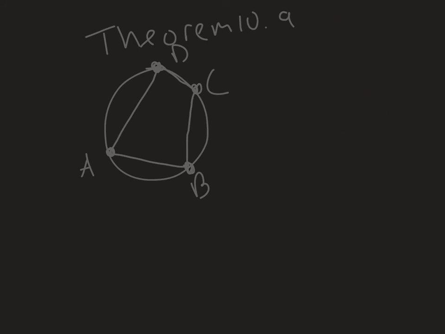The last theorem for this section is theorem 10.9, and it states, if a quadrilateral is inscribed on a circle, then its opposite angles are supplementary. So this kind of ties back to the beginning where we're talking about inscribed going beyond angles. We can talk about an inscribed triangle, in this case an inscribed quadrilateral, meaning that all four of the vertices are on the circle.